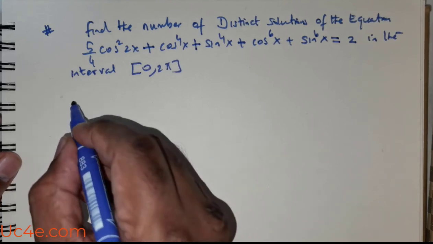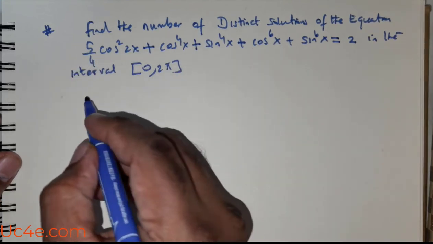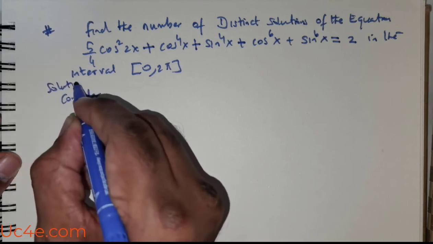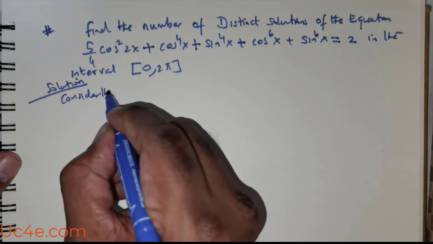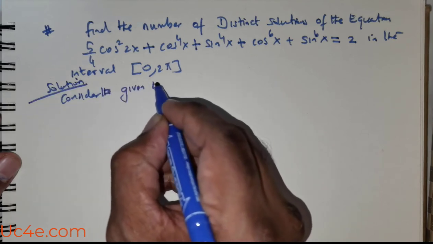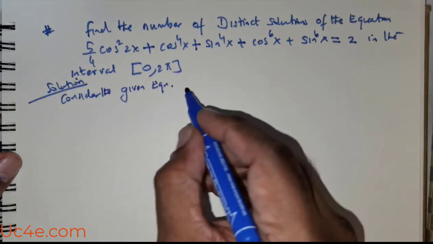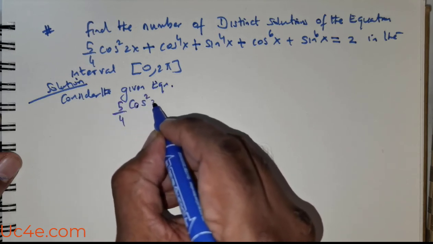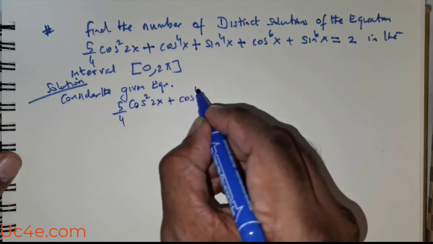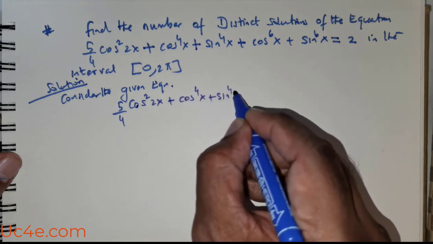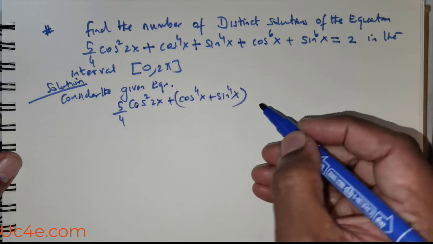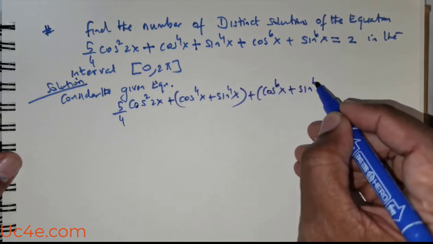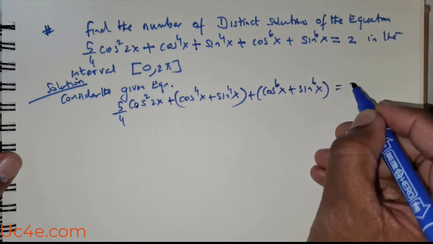So foremost, I would like to consider the given equation. This is the solution. Consider the given equation: 5/4 cos²2x + (cos⁴x + sin⁴x), I'm clubbing it as one term, and then (cos⁶x + sin⁶x) is equal to 2.